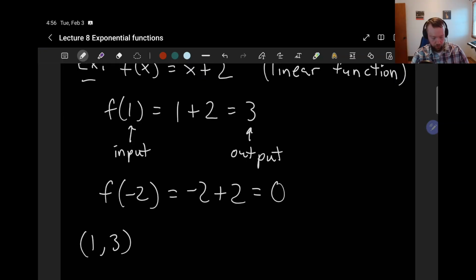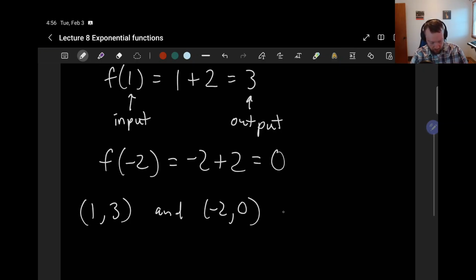So we know that (1, 3) is a point, 1 is the input, and 3 is the output. And these were just 2 points I discovered. There are many more, but we're not going to write all of them.